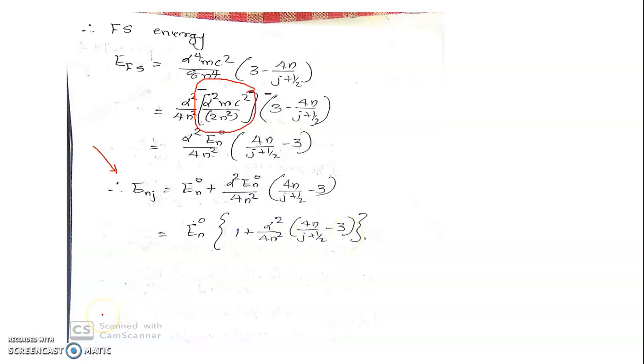So with this fine structure correction, the energy of the hydrogen atom is raised by an amount which is of the order of alpha square. So with that, we come to an end of this discussion on fine structure in the hydrogen atom, and with that we end this module.